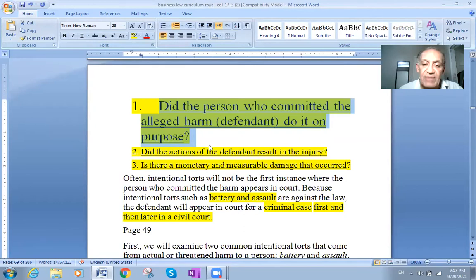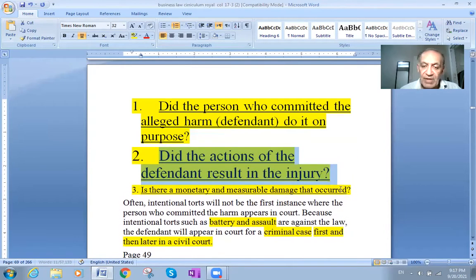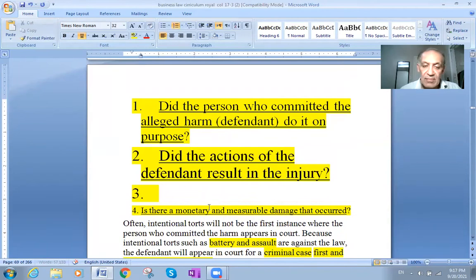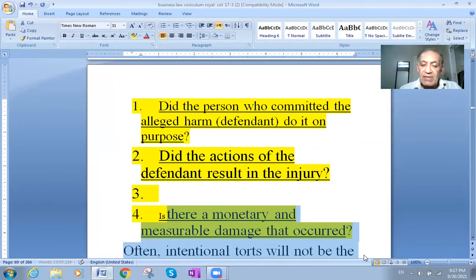Second, did the action of the defendant result in injury? Was there any injury? Third, is there monetary and measurable damage that occurred? It means, okay, there is a tort and there is harm.